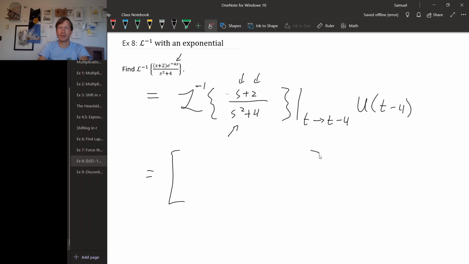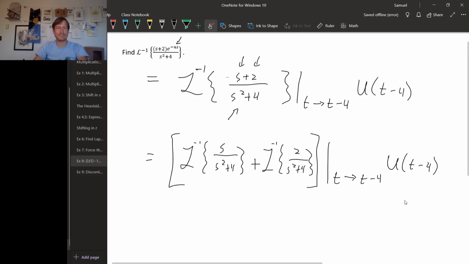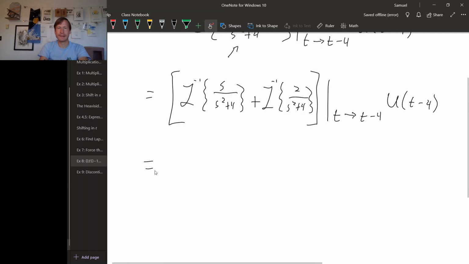That means we'll have the inverse Laplace transform of s over s squared plus 4, plus the inverse transform of 2 over s squared plus 4. And then don't forget that at the end we have to shift: replace t with t minus 4 and multiply by a step, u of t minus 4. Now both of these are transforms we know.